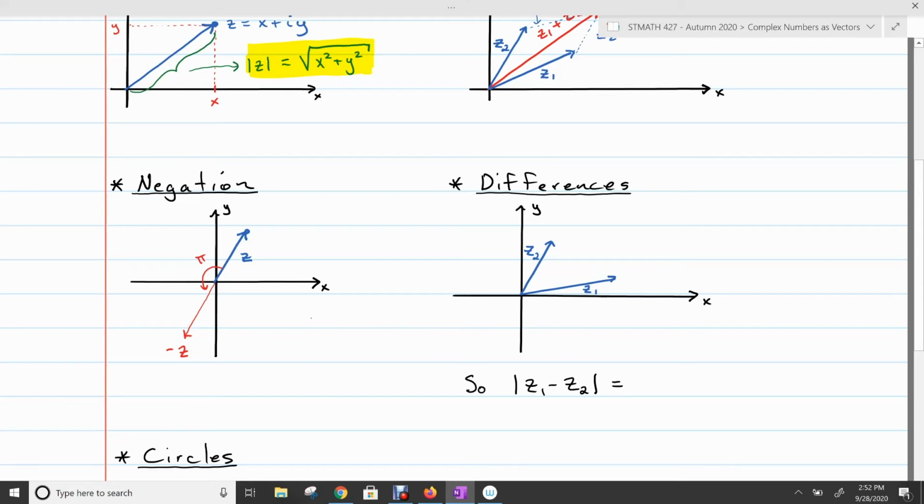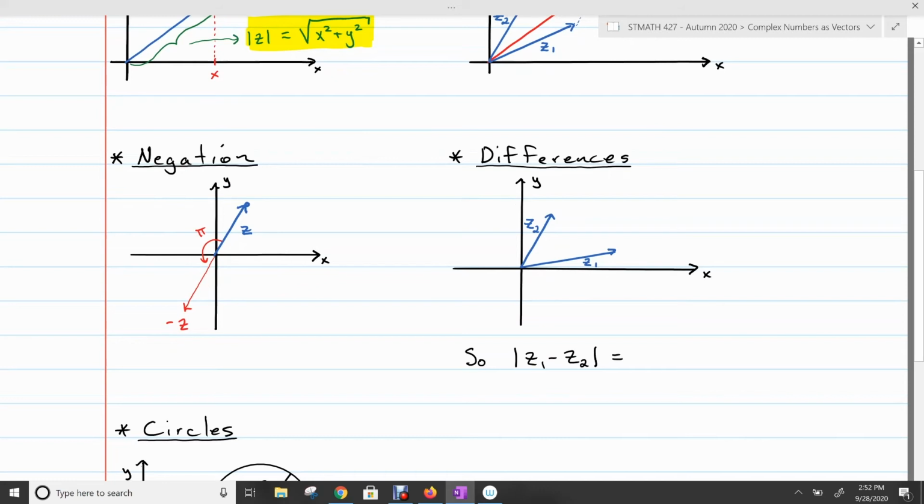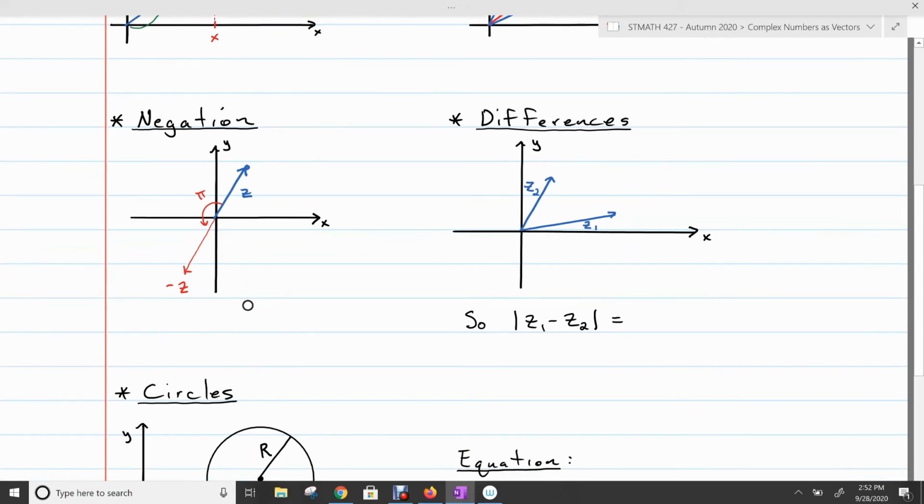And then to do the difference of z1 and z2, well, an easier way to think about it is instead of thinking z1 minus z2, think z1 plus negative z2. Well, we just talked about how to negate a vector. So if I did negative z2, that's like here.